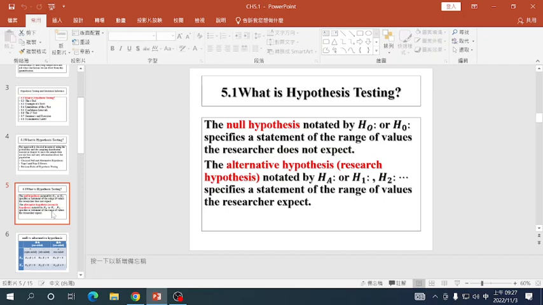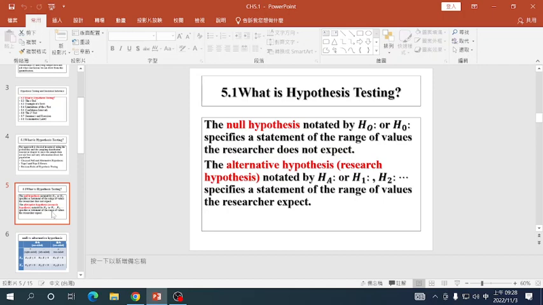What do you worry about? What do you want to research? They claim that they can deliver the goods within 50 minutes. So you really want to check whether they can deliver the goods in less than 50 minutes, right? So whatever you want, put it as the alternative hypothesis.